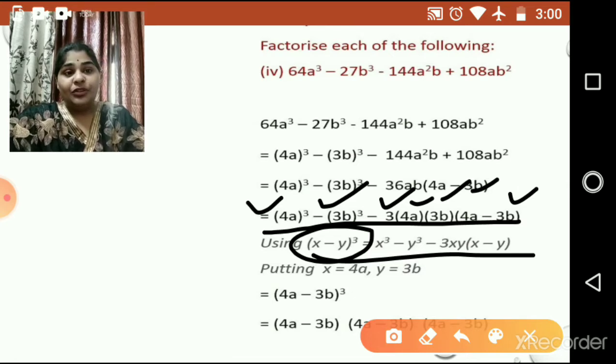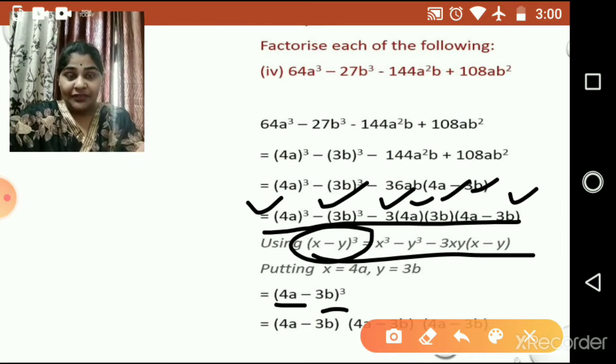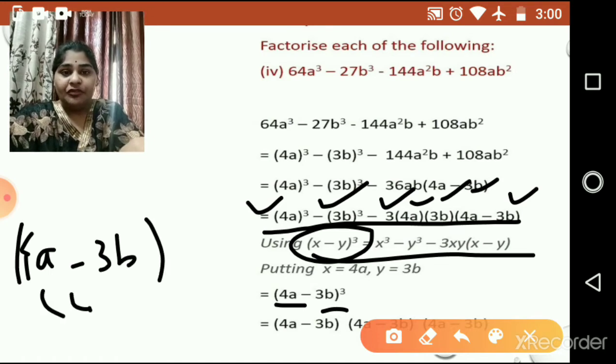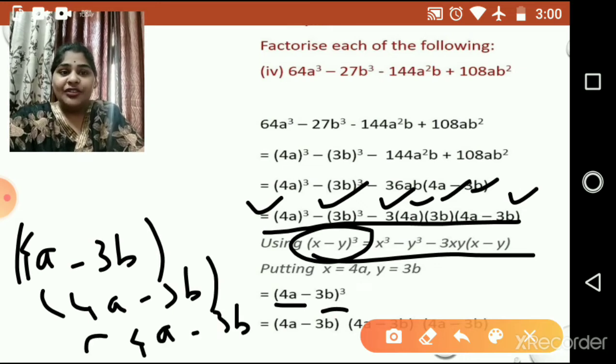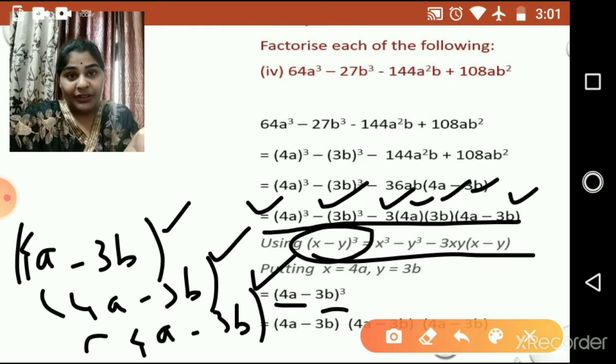So x value we know is 4a, minus y value we know is 3b, and whole cube. Now whole cube means same bracket we can write in multiplication form 3 times, that is (4a - 3b) multiplied by again (4a - 3b), multiplied by again (4a - 3b). So these are the three factors of the given polynomial.